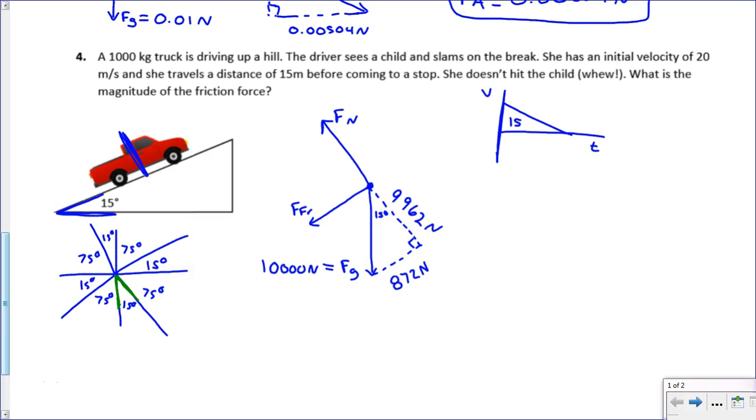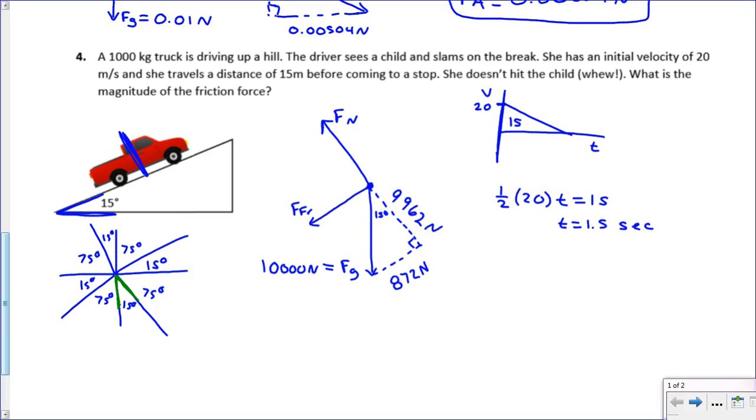The initial velocity this side here is 20. All right, and basically we know 1/2 times 20 times however long that took, whatever the t is, equals 15. You solve that for t and you get t equals 1.5 seconds.